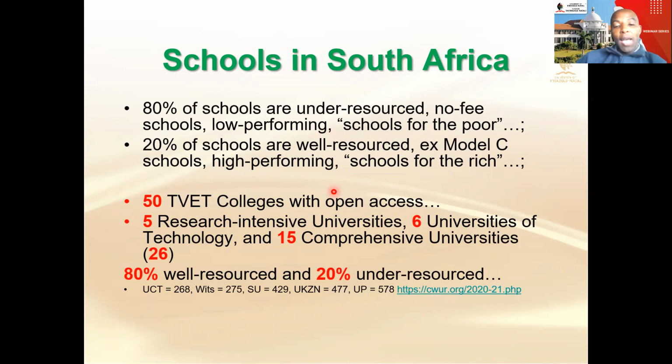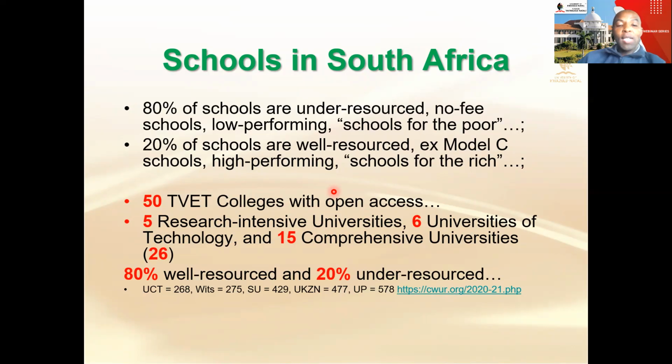When you move to higher education, it is categorized into three. We have TVET colleges, which is technical vocational education and training. Then we have universities, and we have universities of technology.